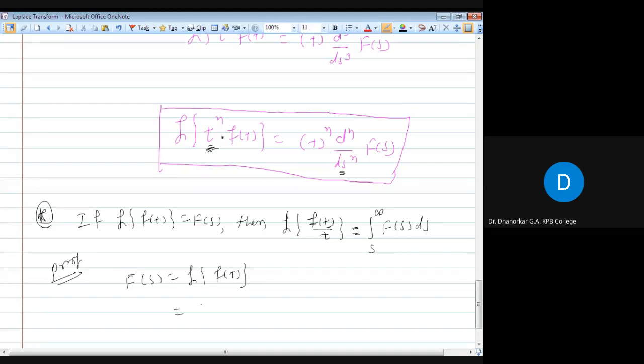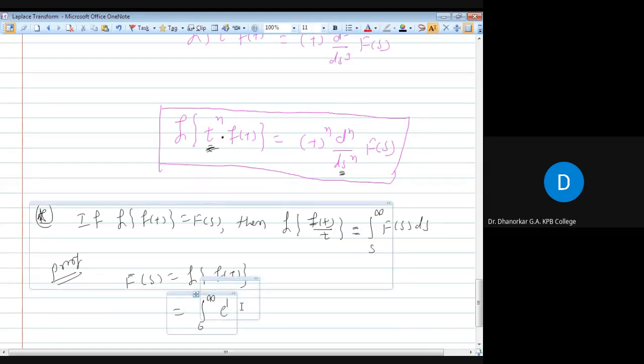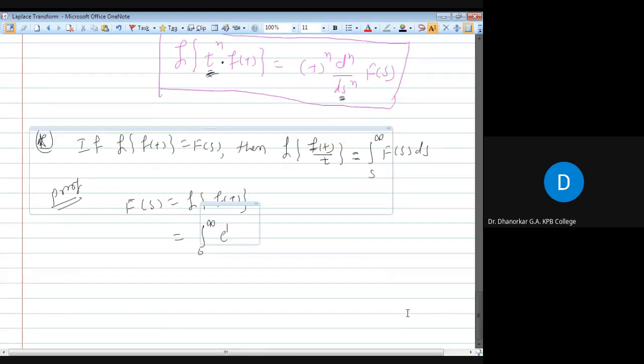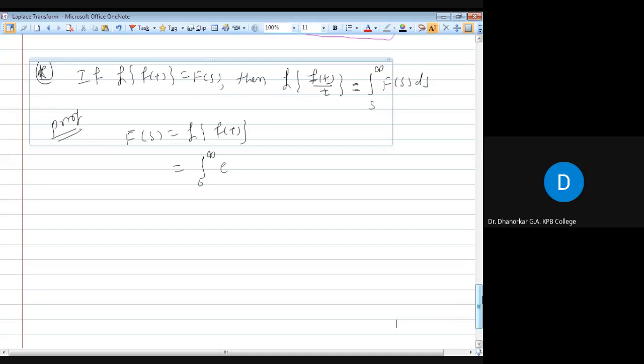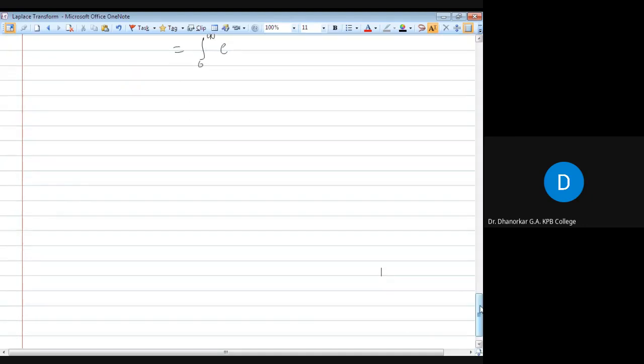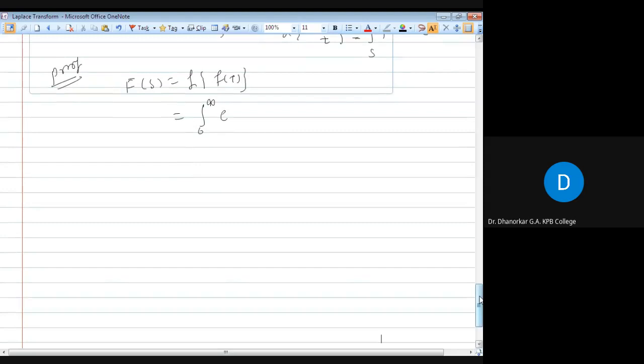Therefore, this is equal to, by definition, integration from 0 to infinity of e raised to power minus st f of t dt. What we have to find is the integration, therefore I will integrate on both sides.